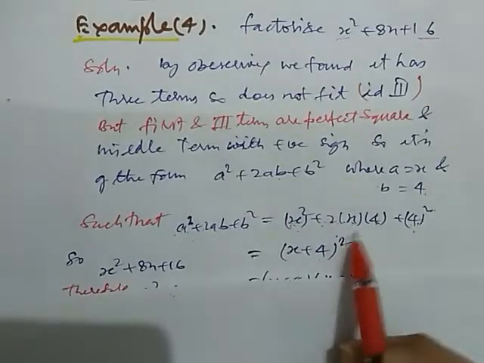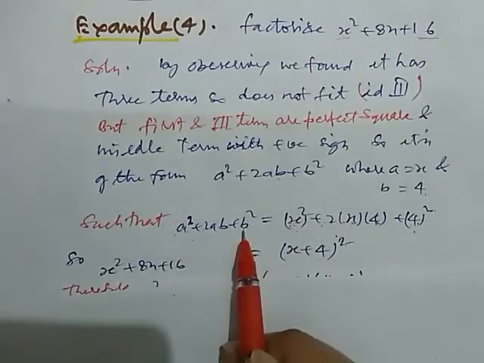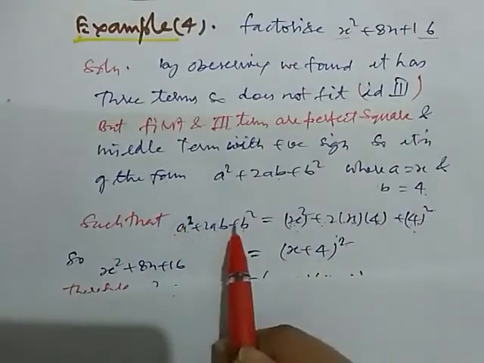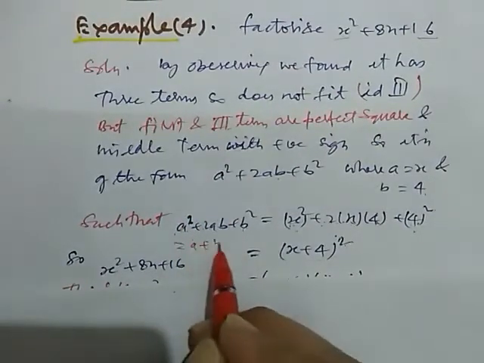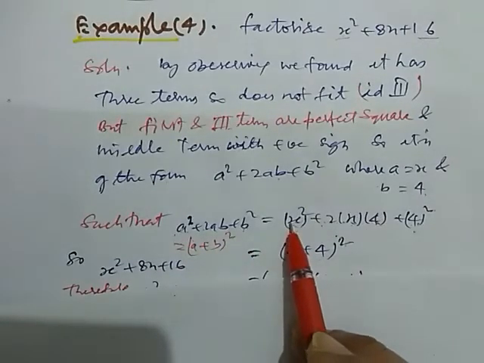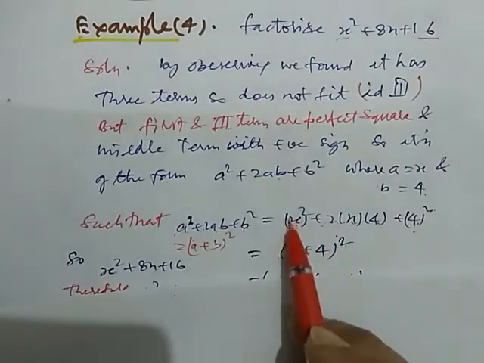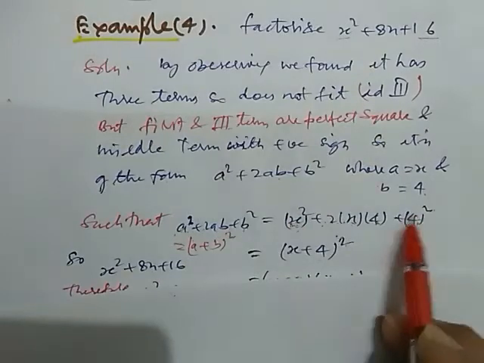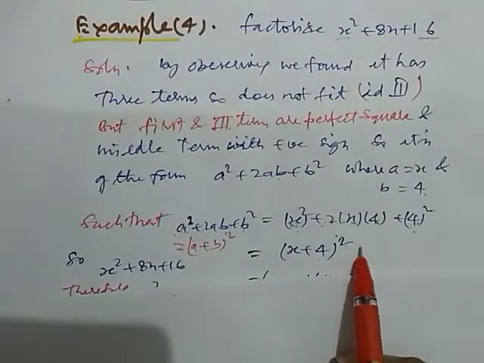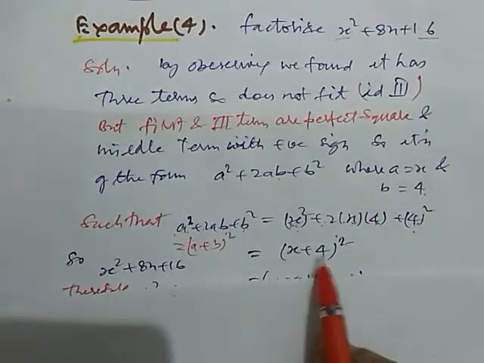Why? Because a plus b whole square can be written as this. So a square plus 2ab plus b square can be written as a plus b whole square. In a similar way we express this as x plus 4 whole square, because this is like a, this is like b, and this is twice ab. So we convert it to a plus b whole square, because here a equal to x and b equal to 4.